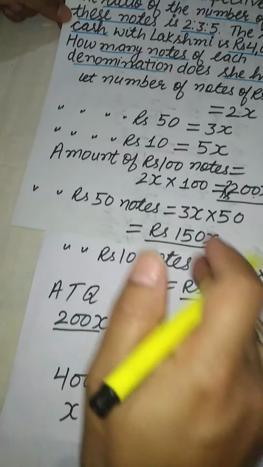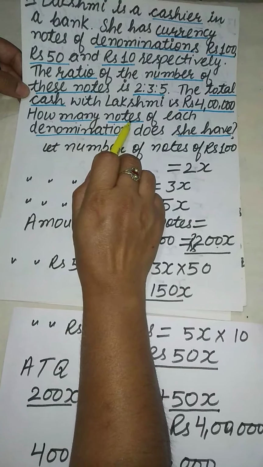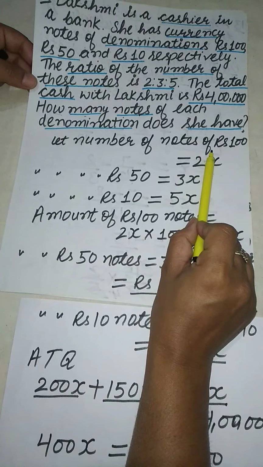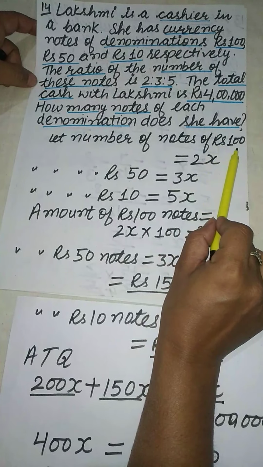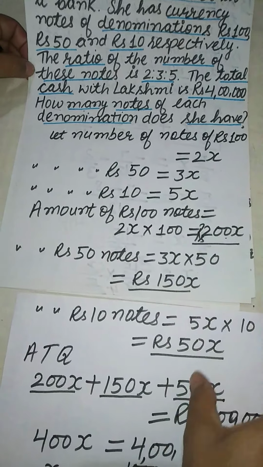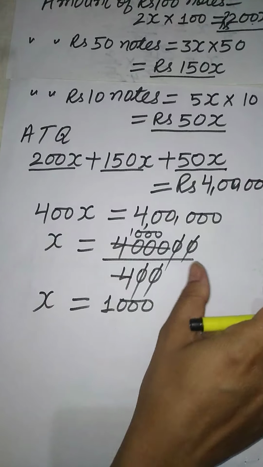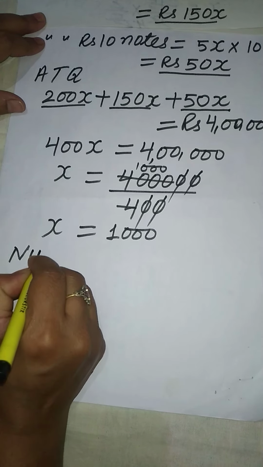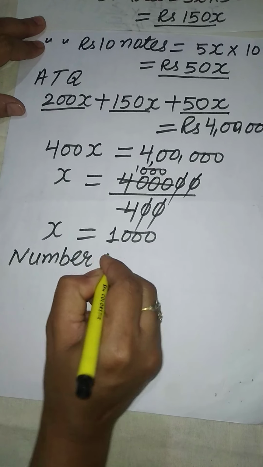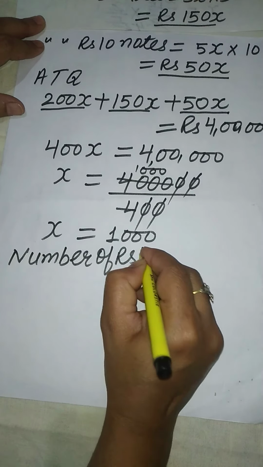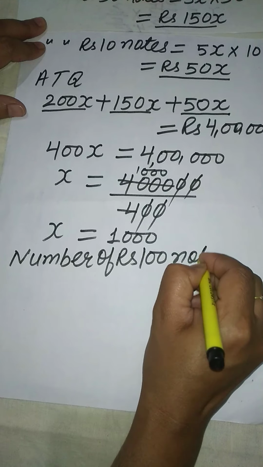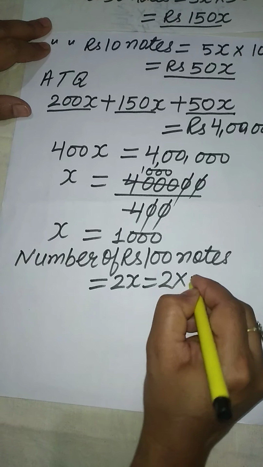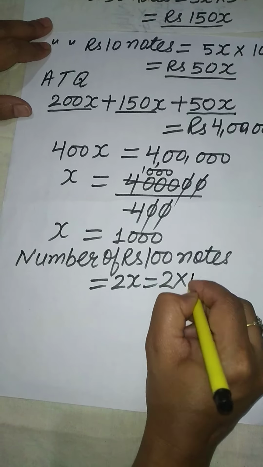We are to calculate the number of notes of each denomination. As we let in the question, rupees 100 notes is equal to 2x. So the number of rupees 100 notes is equal to 2x, that is 2 multiplied by 1000 is equal to 2000.